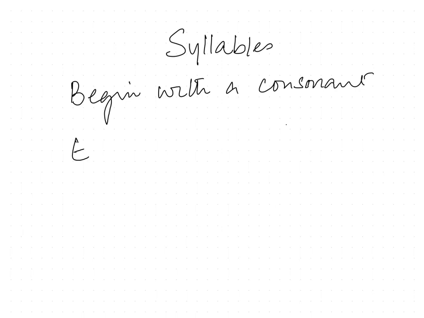There is one exception. The exception is when a word begins with the vowel shurek. And when that happens, the shurek itself is a syllable, and that will be an open long syllable.